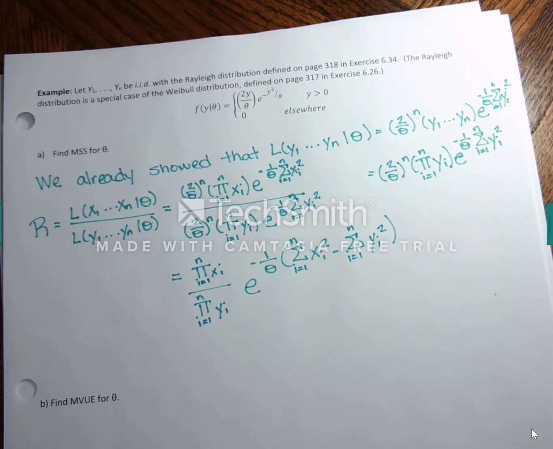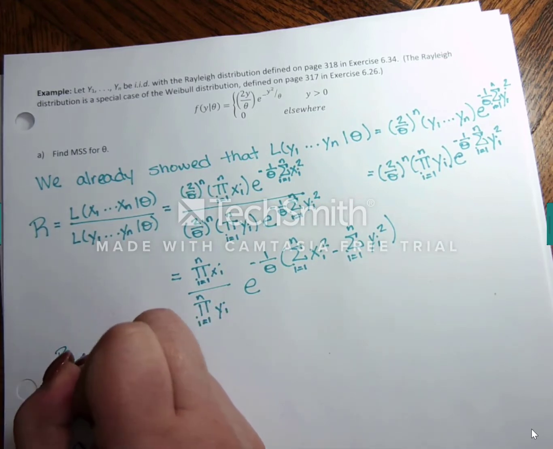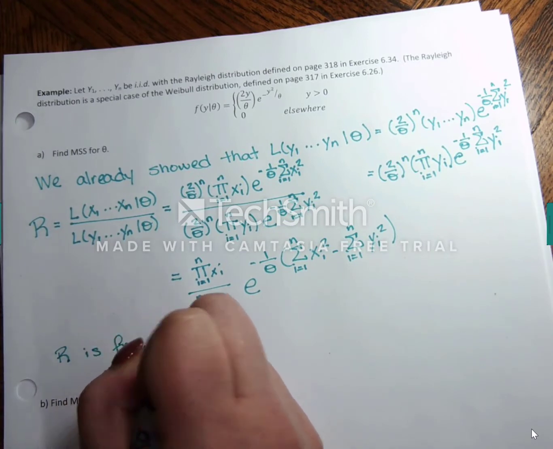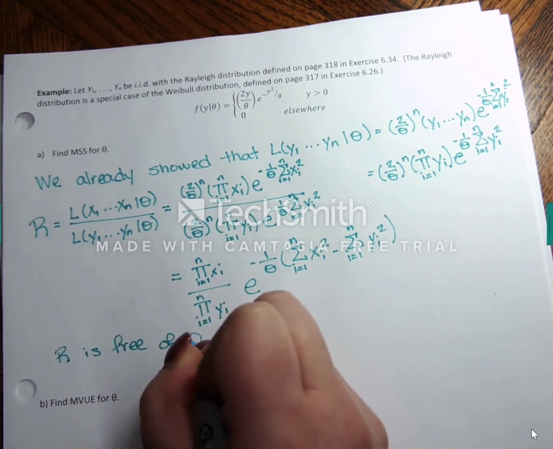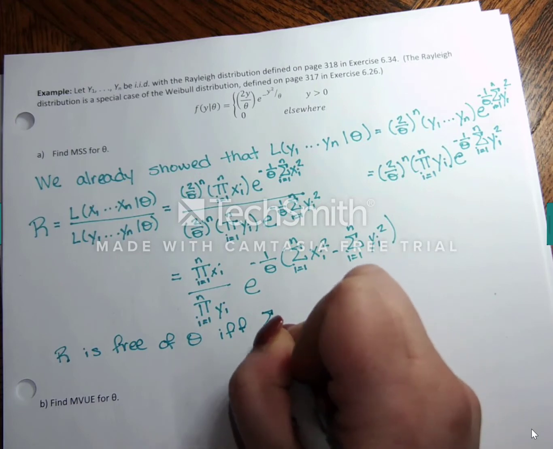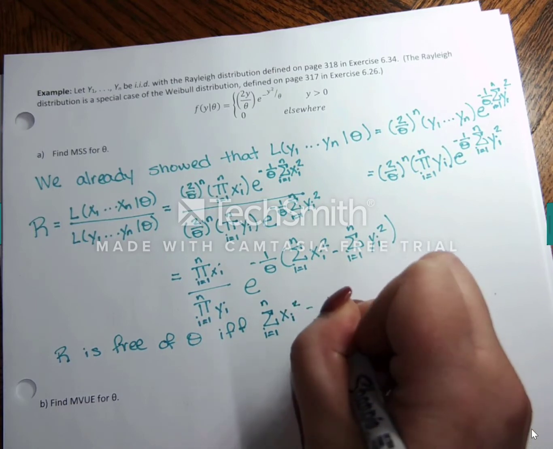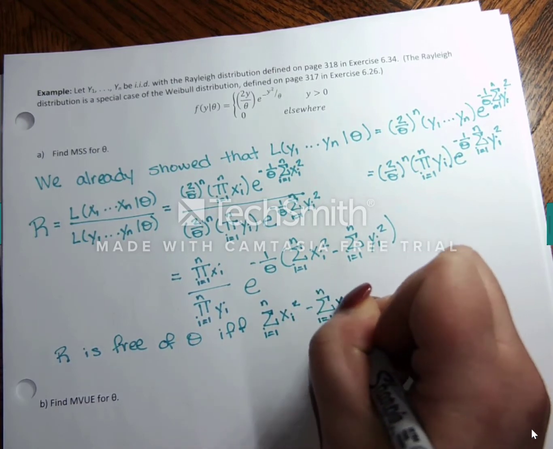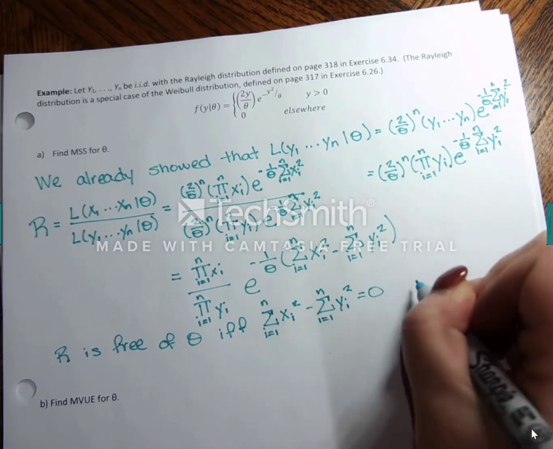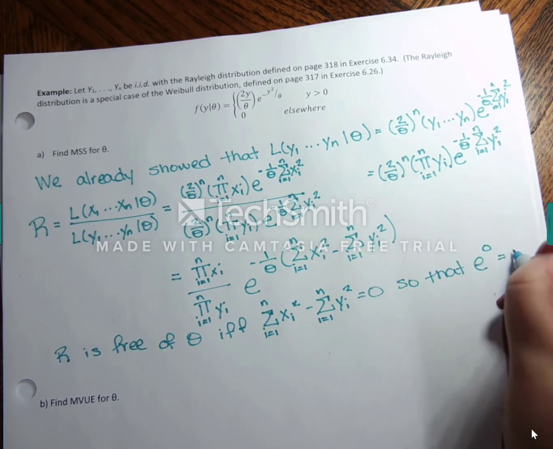All right. So next, notice that r is free of theta if and only if the sum i equals 1 to n of xi squared minus the sum i equals 1 to n of yi squared is equal to 0, so that e to the 0 is equal to 1.